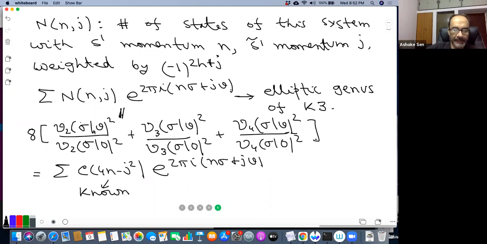Of course, these are standard functions, so the expansion coefficients are known, so you can just put it on a computer and find what these numbers are. But what is important is that this is actually a function of only this combination, 4n minus j squared. And so this tells us that this counting is now done. N_J is C of (4n minus j squared). So this is a simple case, but that's the counting. And in fact, we'll see that the only ingredient that the final answer needs is this one.